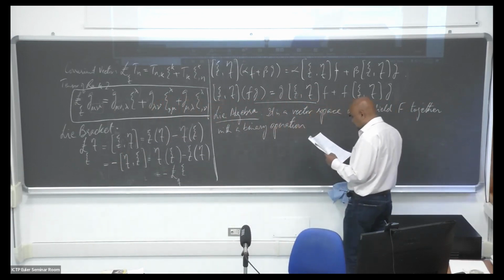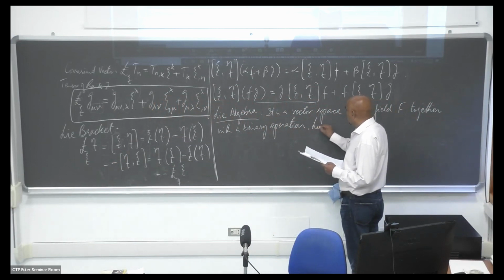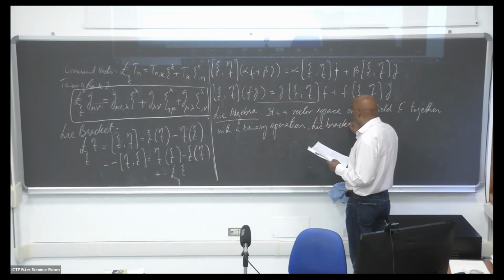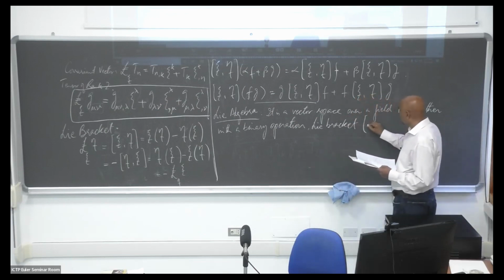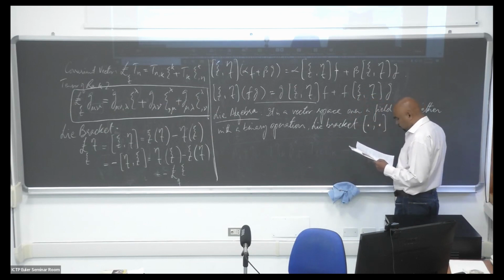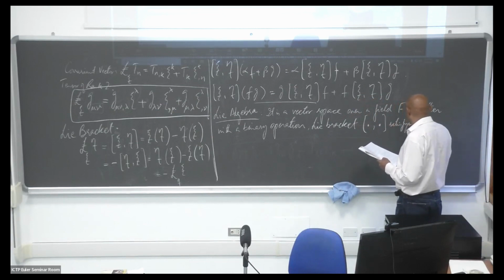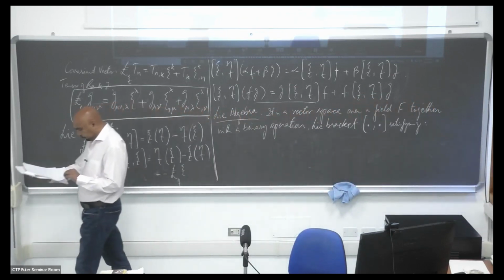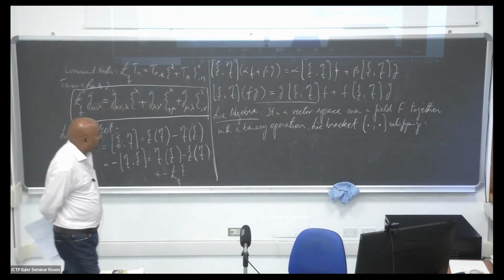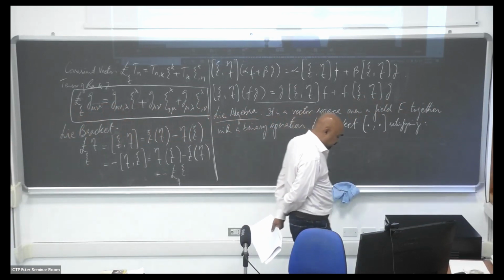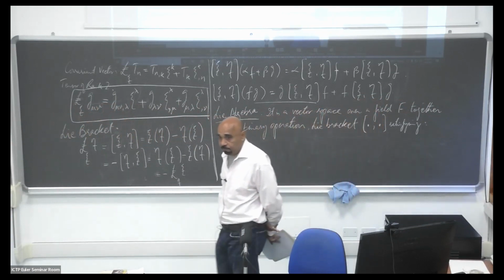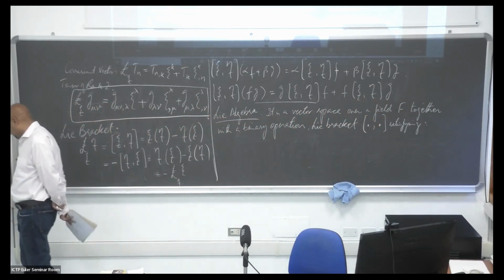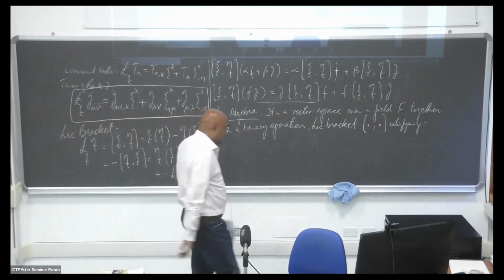With a binary operation, the Lie bracket, the bracket of two objects satisfies the following four properties. The important thing to note here, as I mentioned, is that this Lie bracket is a binary operation between two vectors in this case, but we can have other objects.